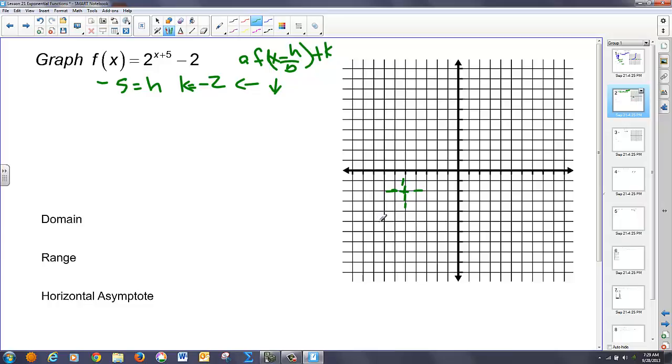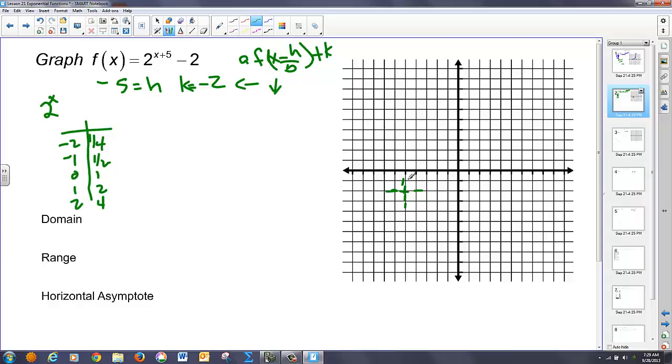And then I'm going to graph my parent function, since there is no a value. I'm going to graph my parent function from that point. And my parent function is just 2 to the x. So if I take a look at some values here, negative 2, negative 1, 0, 1, and 2, I know that at 2 I have 4, 2, 1, 1/2, 1/4.